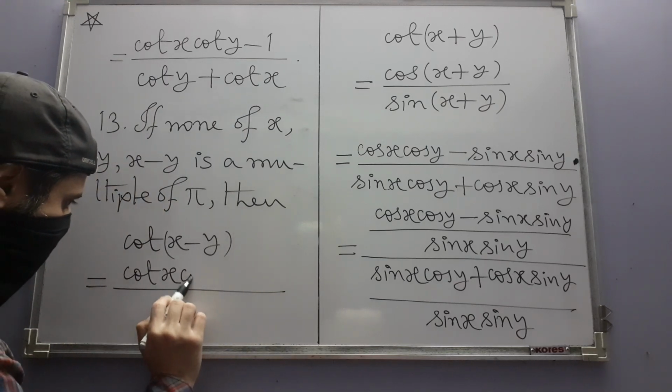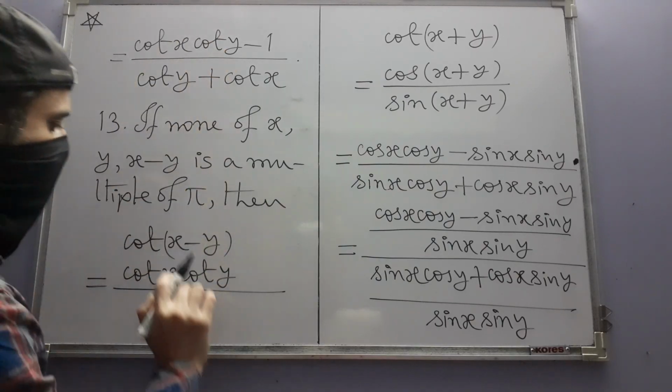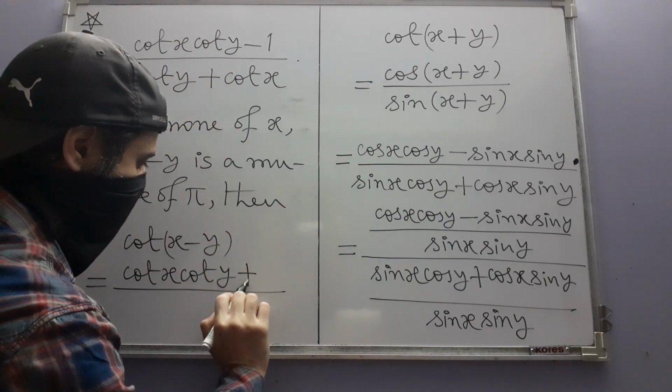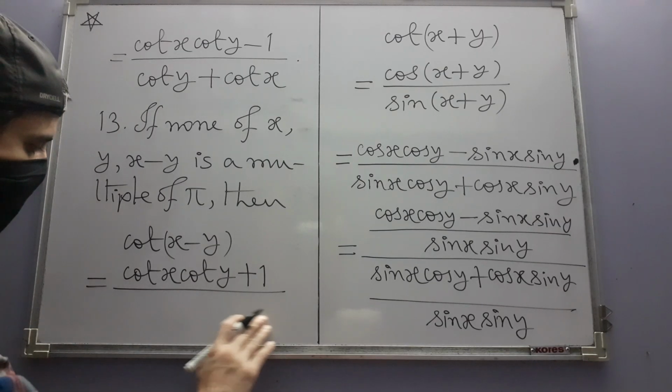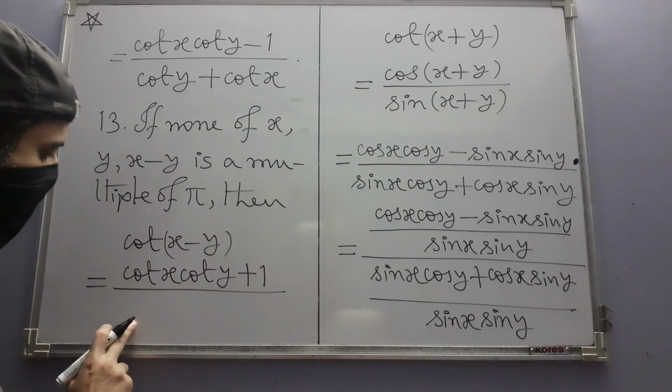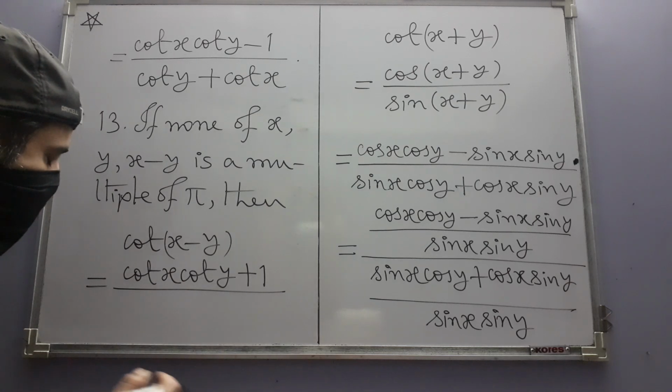The numerator changes in this way. Cot x cot y we still have, but in place of minus 1 now we have plus 1. The denominator however is slightly not how it looks like. I mean, you may think that it should be cot x minus cot y, but it's exactly the opposite.